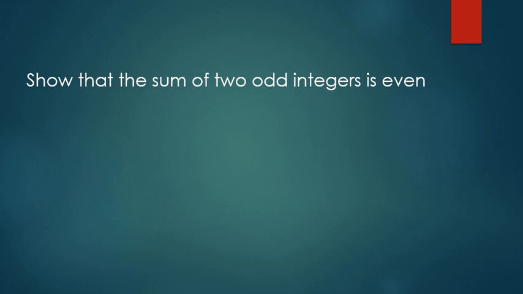You could be asked to show that or prove that; show that, prove that, in the context of having to prove something means the same thing. We're going to show that the sum of two odd integers is even. So if you have two integers, a and b, say, each of those are odd, when you take their sum, we're going to show that that sum is even.